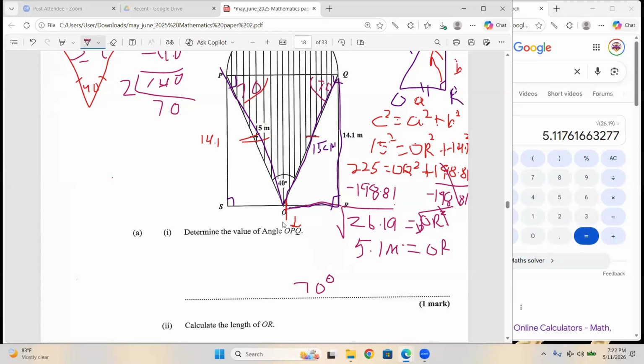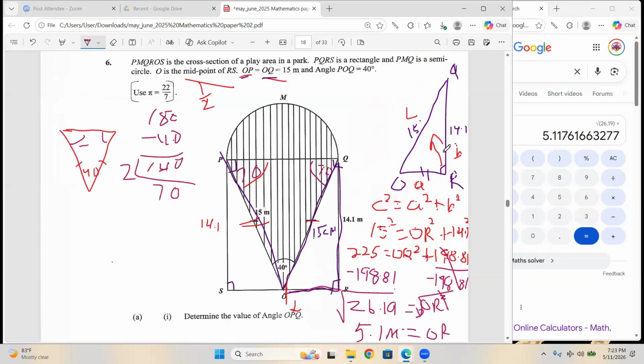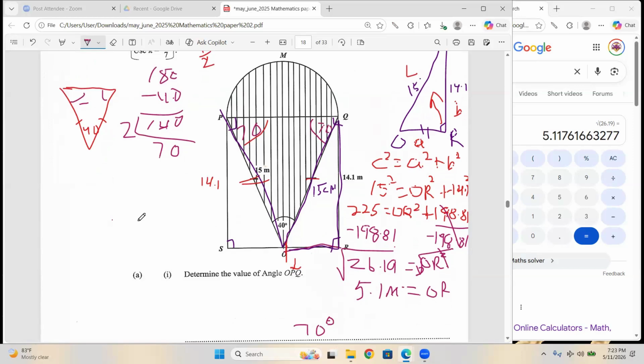All right, so based on what you asked, to use SOHCAHTOA, sine theta, cos theta, tan theta, it must be using a right angle triangle. So the triangle must have a 90 degrees. If I didn't know the length of two sides in this triangle, I would have ended up using SOHCAHTOA.